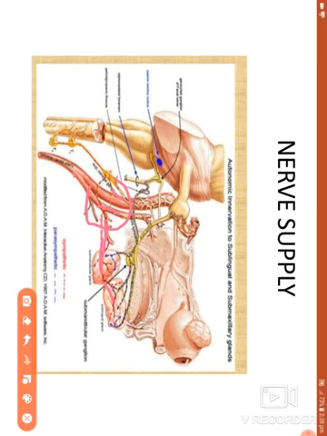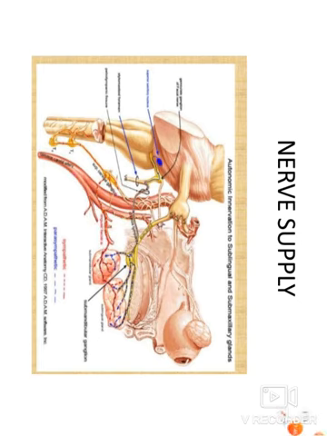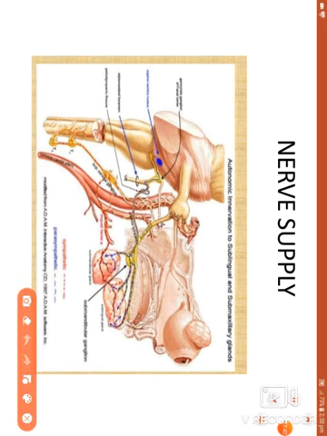Then coming to the parasympathetic, here you can see the secretomotor pathway of these glands. This is the superior salivatory nucleus in the pons. Preganglionic fibers travel through the facial nerve and chorda tympani nerve, then synapse in the submandibular ganglion.